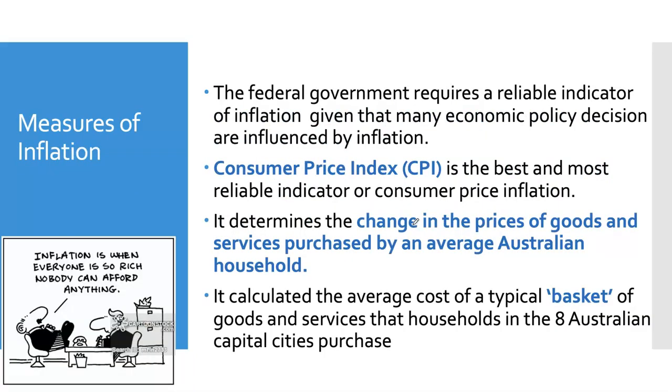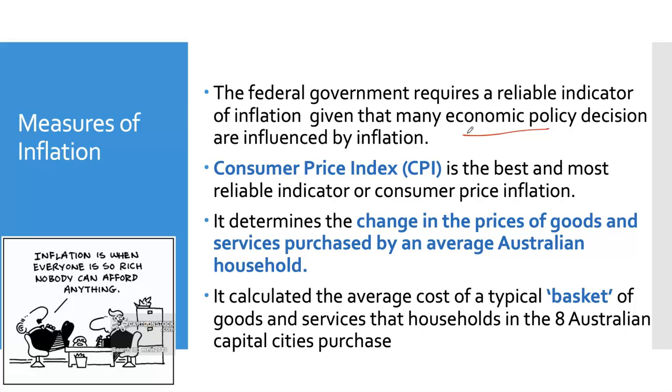So the federal government requires a reliable measurement of inflation because it's such an important statistic, very important at the moment as well. They need a really reliable indicator because they're going to make a lot of economic policy decisions with regards to inflation.